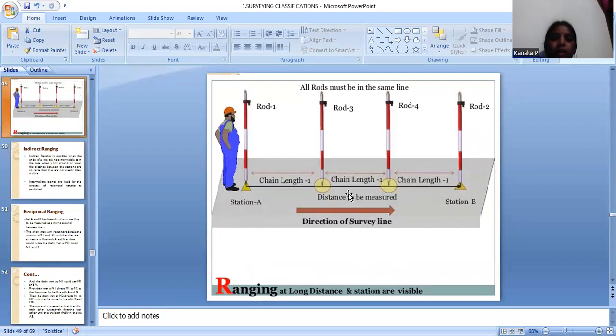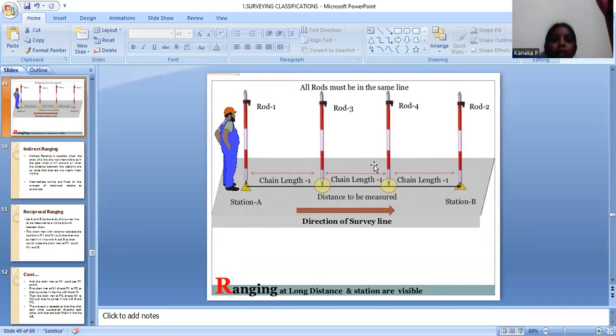Ranging at long distance when the stations are visible. This is the surveyor's station; point A is where the surveyor stands. Rod 1, rod 2, rod 3, rod 4. Rod 1 and rod 2 are the end points. Rod 3 and rod 4 are intermediate points. Rod 1 and rod 3 are measured for chain length 1.